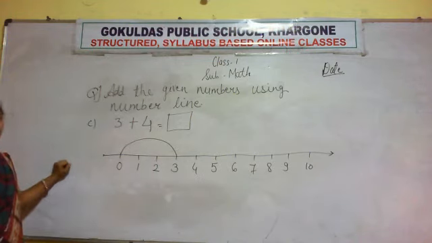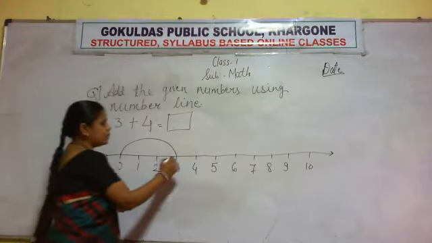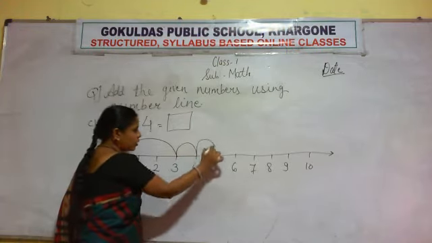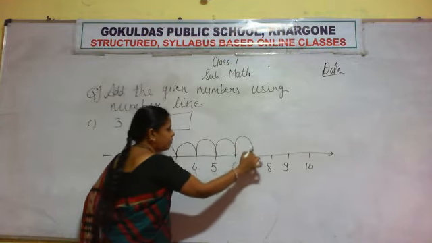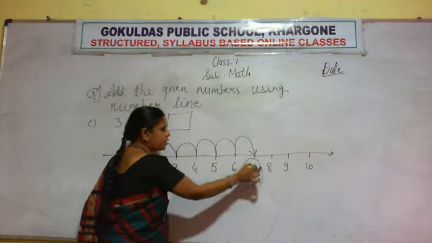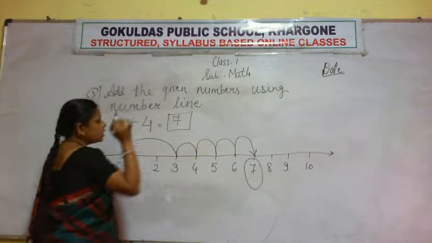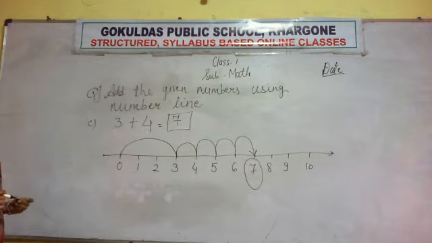Now in our next step we move one step ahead. So how many steps do we have to move? What is the next number? 4. So we have to move 4 steps. So 1, 2, 3 and 4. At which number do we reach? We stop at number 7. Okay. So the answer of 3 plus 4 is also 7. Write this question fast.